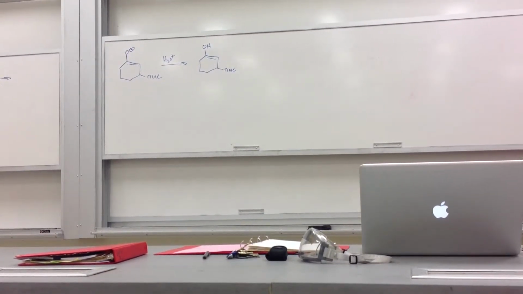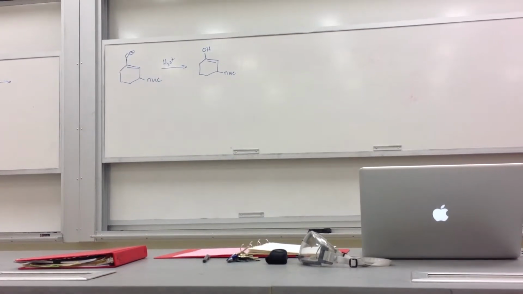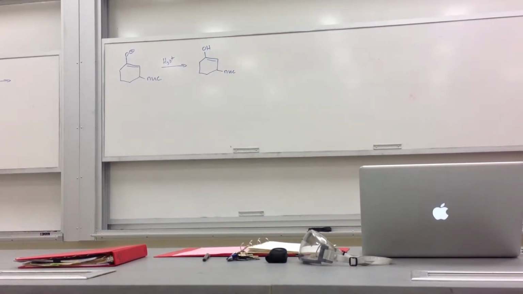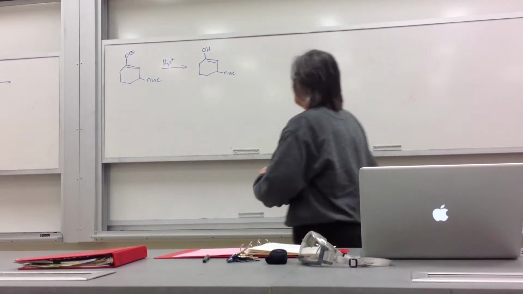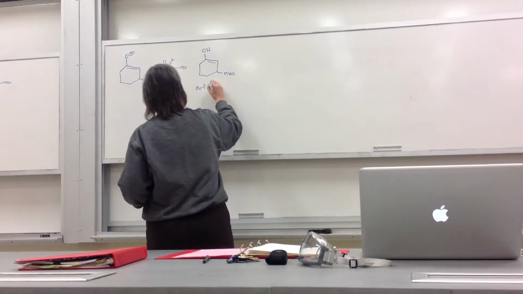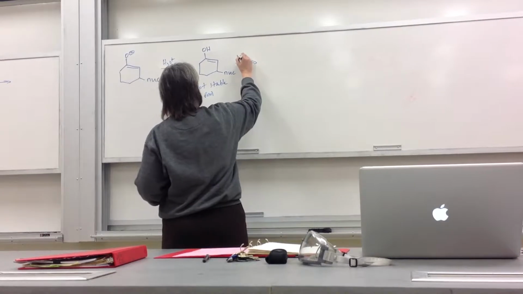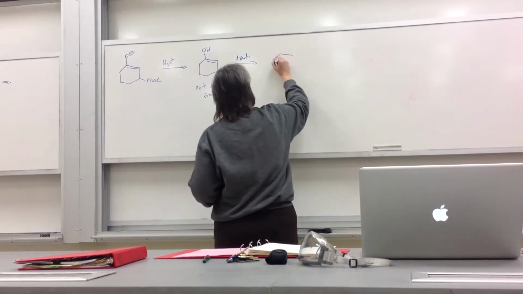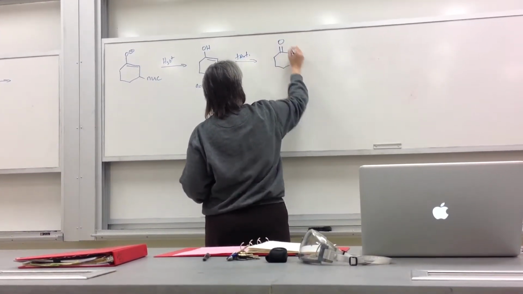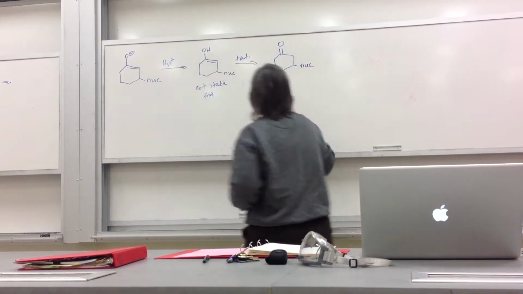There's an enol, right? And what do you know about enols? They're not stable, they tautomerize, right? So this guy is not stable. It's an enol. And it will tautomerize to give you addition there.